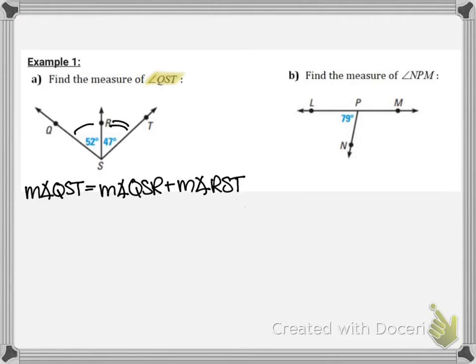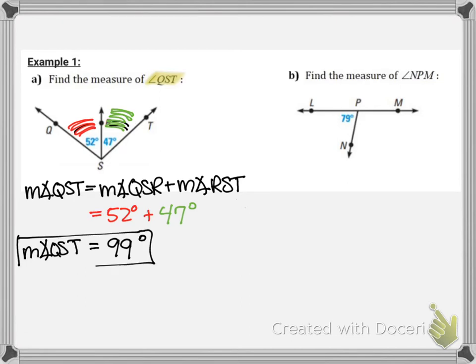Now I can fill in. We know QSR is this angle over here, so that's the 52 degrees they gave us. And then they also gave us RST, which is this 47 degree angle. After we add them together, we get 99 degrees. So the measure of angle QST is 99 degrees.